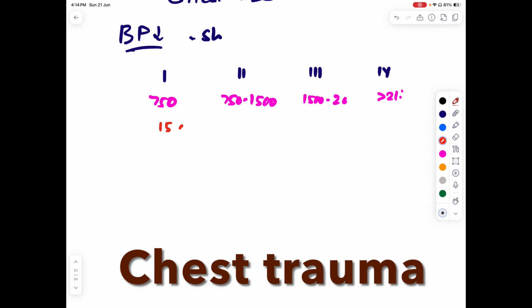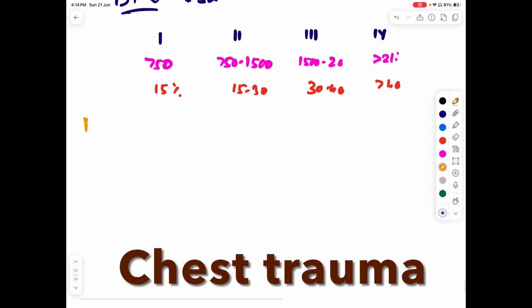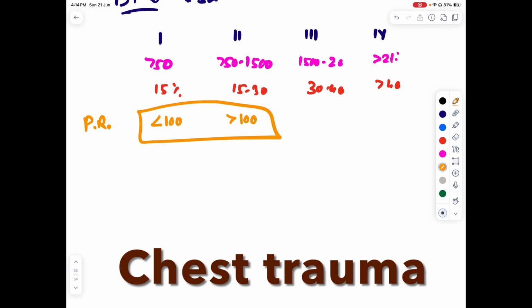This is around 15%, this is 15 to 30%, this is 30 to 40%, and this is more than 40% of the blood. What will happen to the pulse rate? There will not be much difference at first, it can be less than 100, then the pulse rate increases to more than 100. In class 3 the pulse rate will be above 120, and in class 4 it may go above 140.